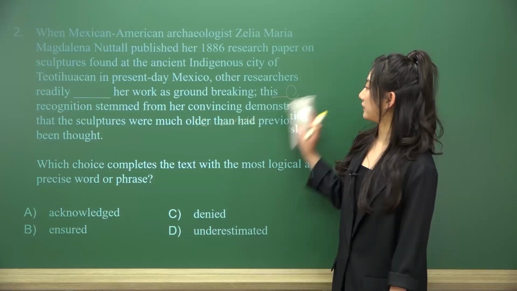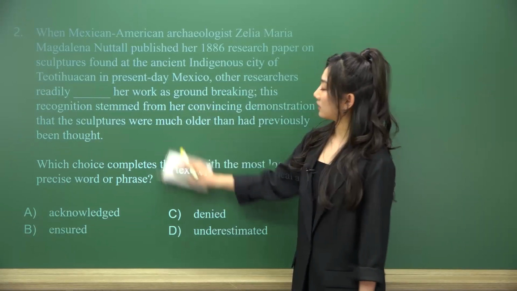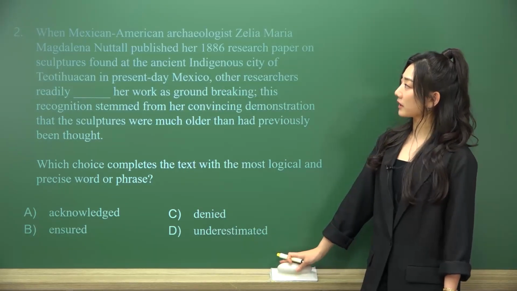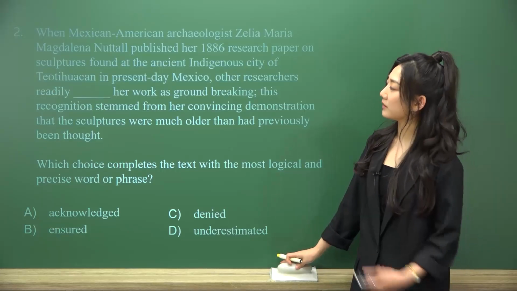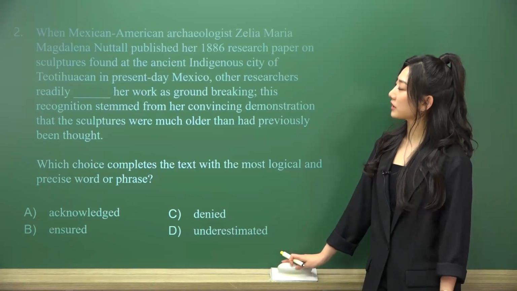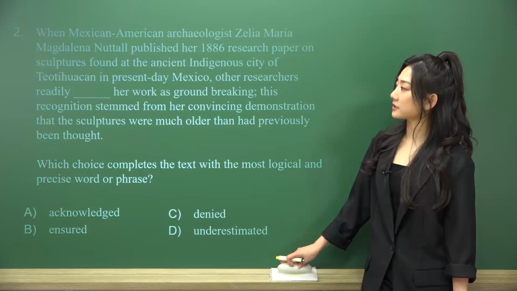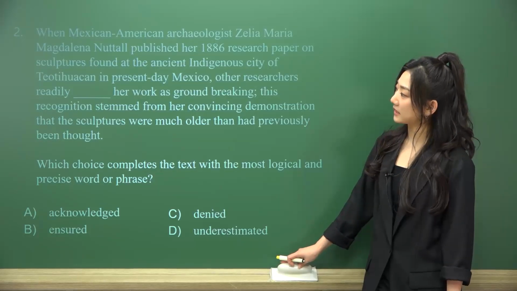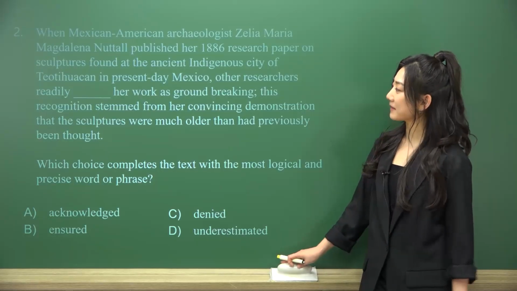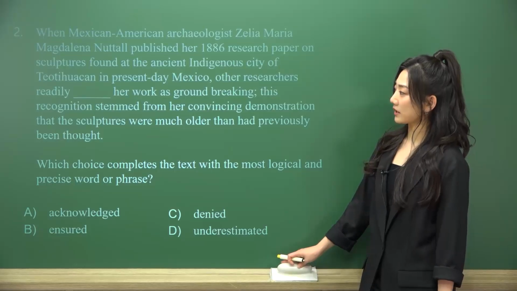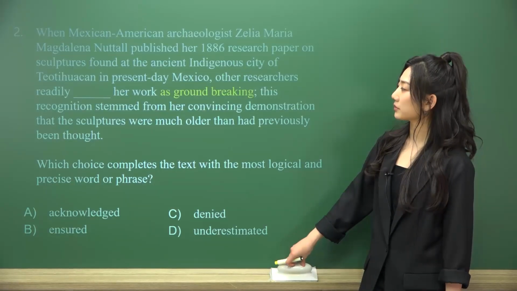Okay, next one, number 2. When Mexican-American archaeologist Zelia Maria blank blank published her 1886 research paper on sculptures found at the ancient indigenous city of T in present-day Mexico, other researchers readily blank her work as groundbreaking.